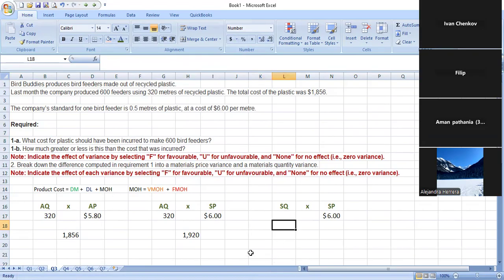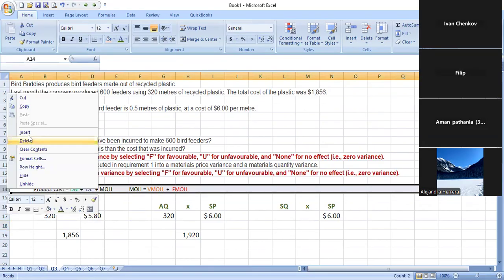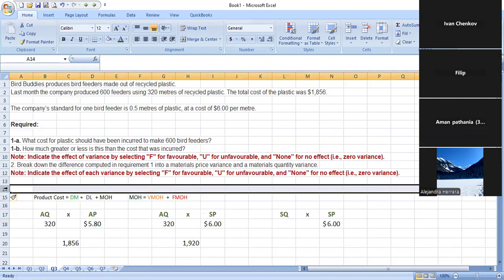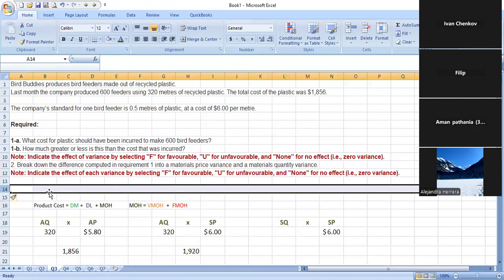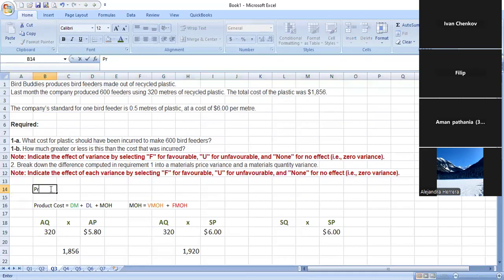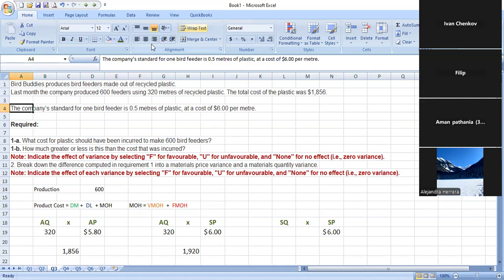So what do I need here in order to get the standard quantity? I need my production, correct? How much was my production? 600. And based on my standards, how much do I have to use for one unit? 0.5 meters, right here.